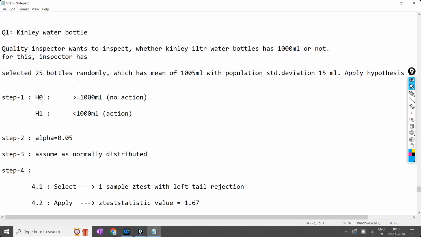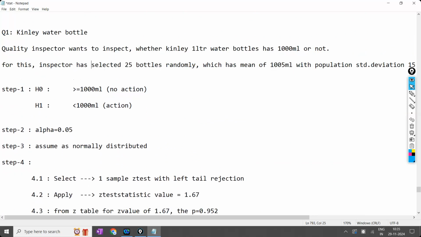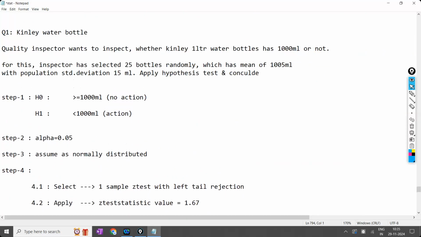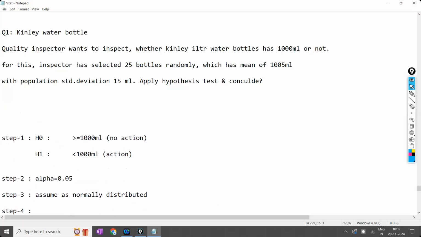For this, the inspector has selected 25 bottles randomly, which have a mean of 1005 ml with a population standard deviation of 15 ml. Apply the hypothesis test and conclude. This is the question. Write the question.